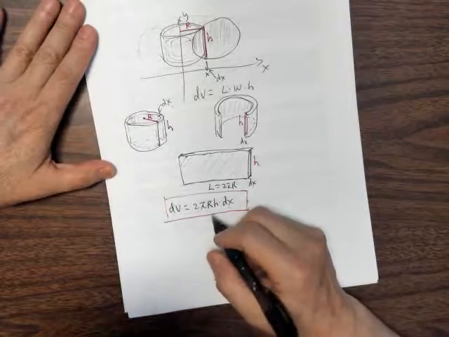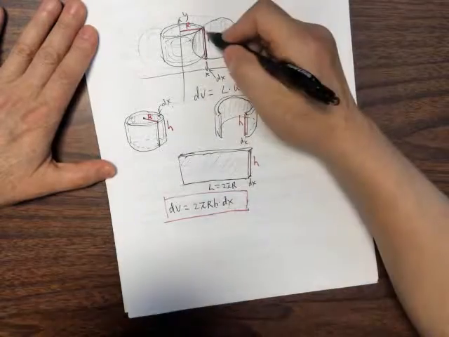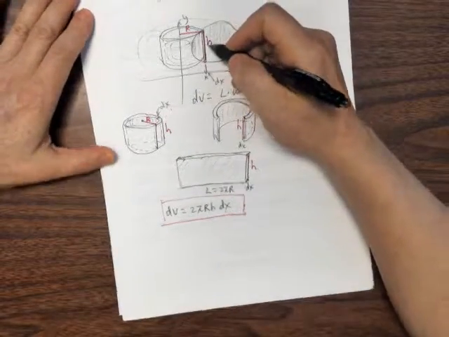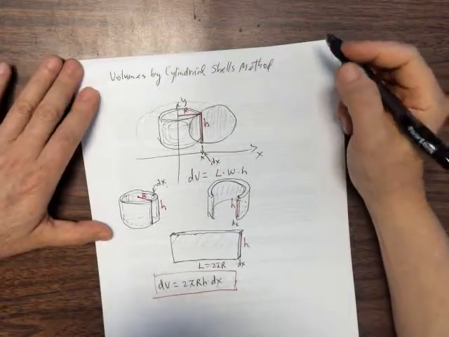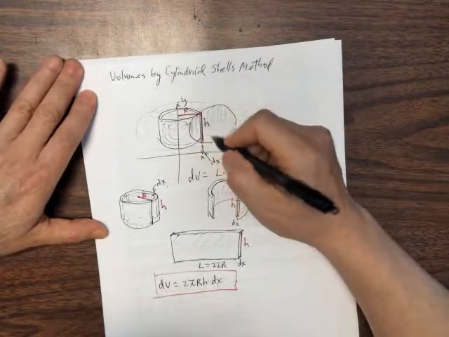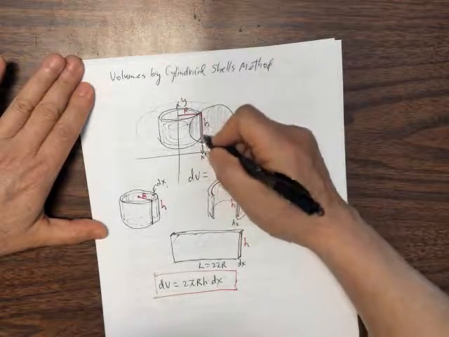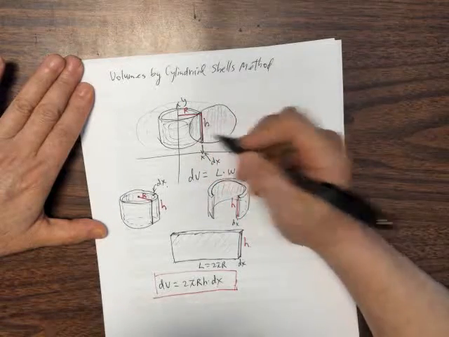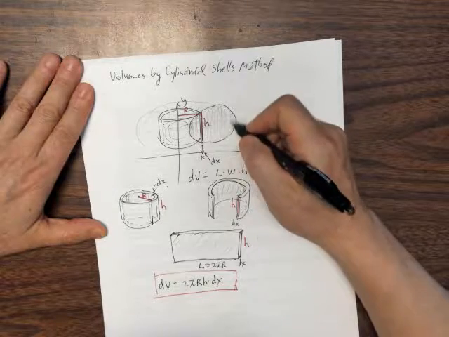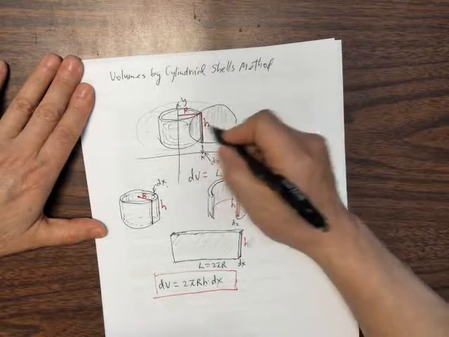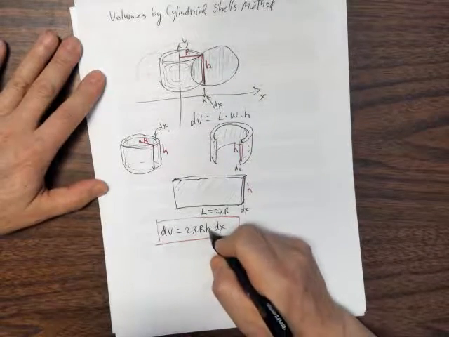Now, the radius here and the height of the shell, whether we consider a vertical distance or a horizontal distance, are both functions of x, the location where we pick up the strip. At a different location, the height of the strip will be different and the radius will be different. For this reason, r is a function of x, and h is a function of x.